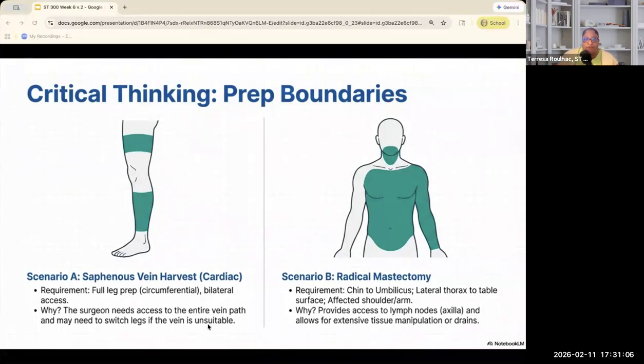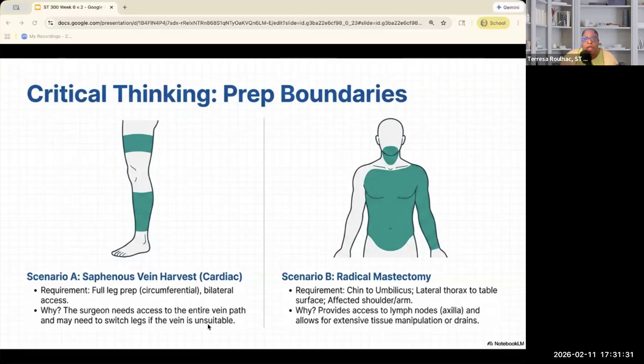So here's a scenario. Okay. The requirement is a full leg prep, circumferentially and often bilaterally. But why? That's because the surgeon may need to access an entire vein or pathway. A lot of times in heart or cardio, they're going to prep the heart, but they're going to prep a leg as well.